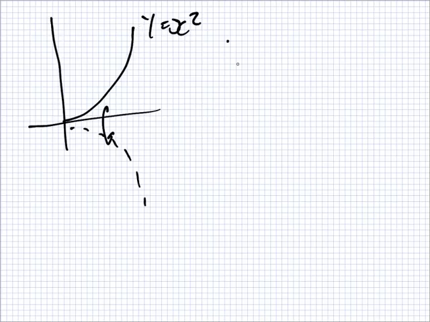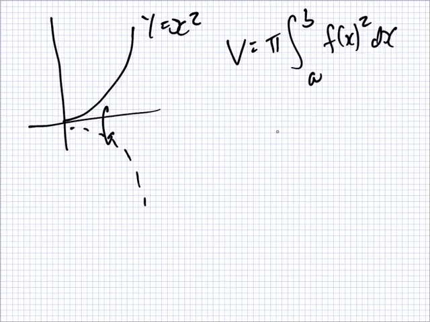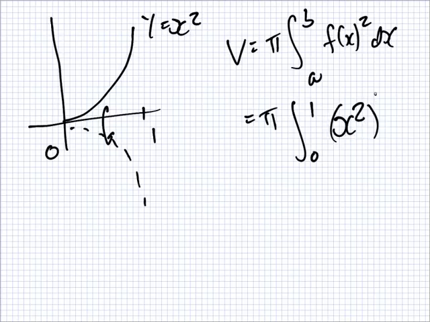The volume is pi, a to b, f(x) squared dx. That's pi, let's say 0 to 1, x squared squared dx.